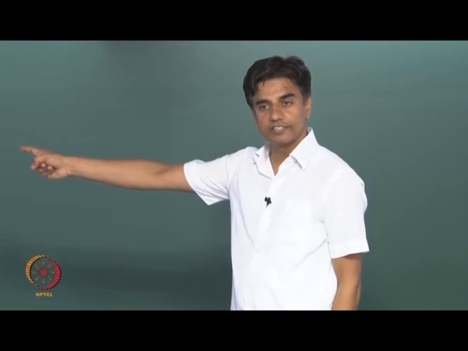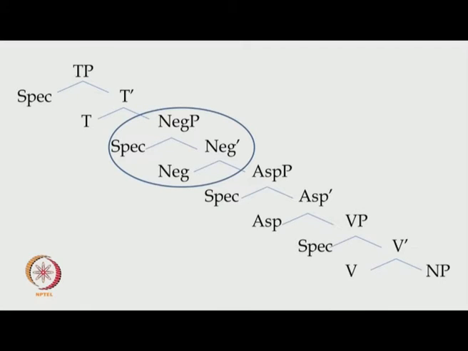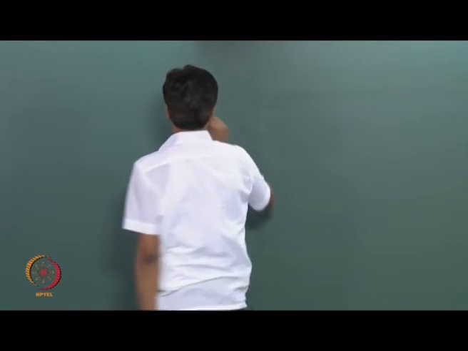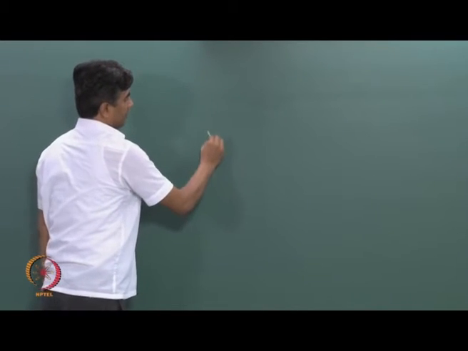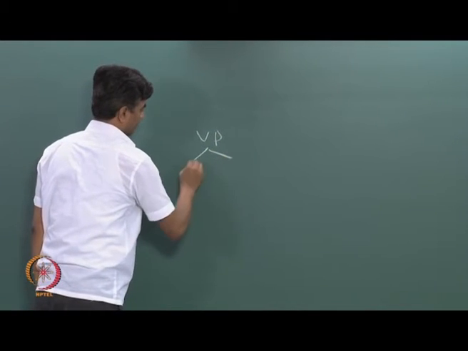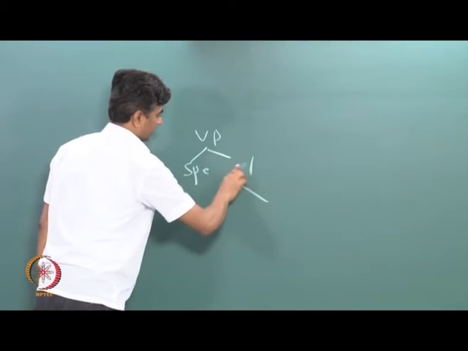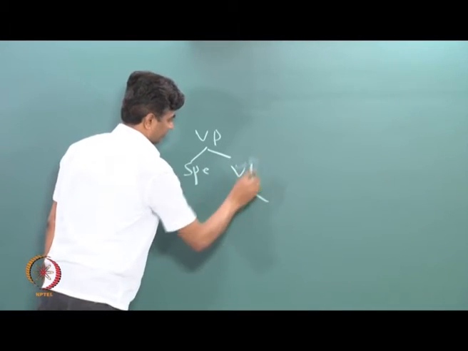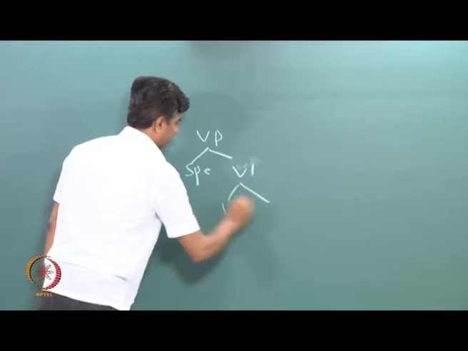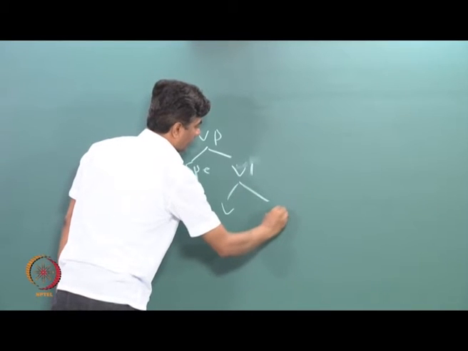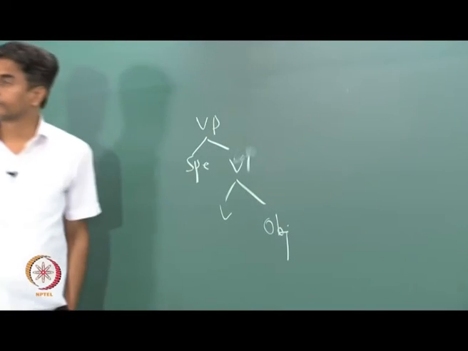Can you see this from this structure? If we have a VP, V bar, if you have the subject here and object here, right?